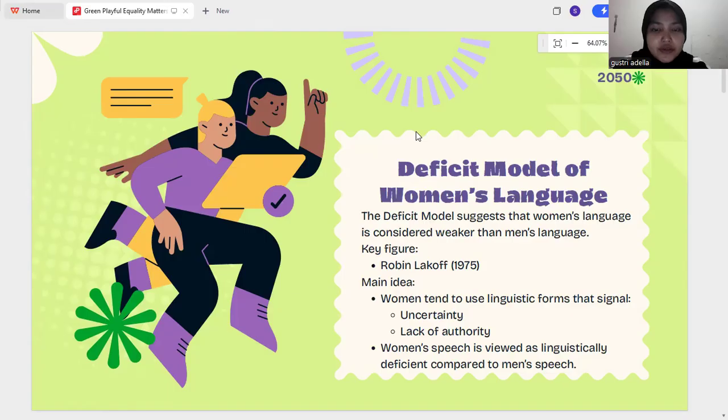The key figure is Robin Lakoff in 1975, with the main idea. First, women tend to use linguistic forms that signal uncertainty and lack of authority. The second is that women's speech is viewed as linguistically deficient compared to men's speech.